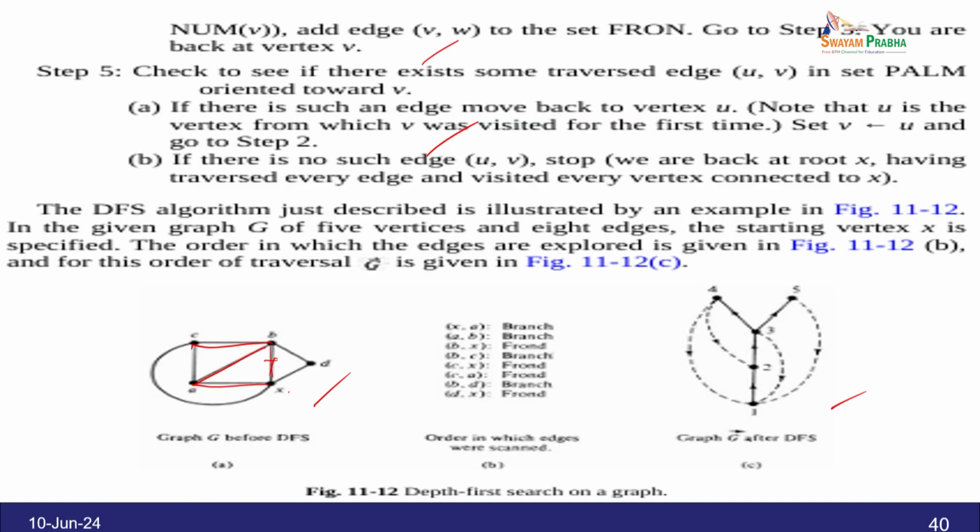And then C to A is also a loop, a circuit will come, and B to D is a branch. So the picture is this: 1, 2, and 3, and 3 may be connected to 4 and 4 may be connected to 5. So this is the picture after the DFS method. This is the technique you have to follow for depth first search on a graph.